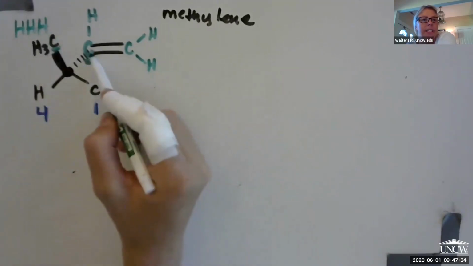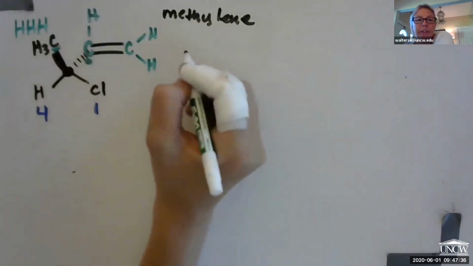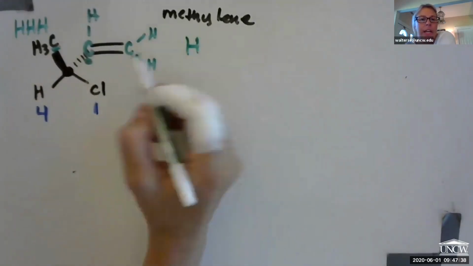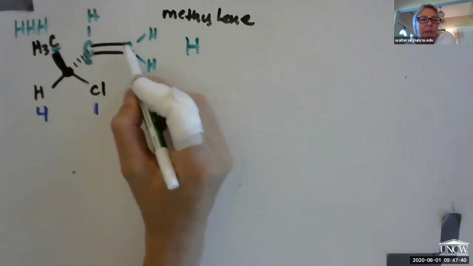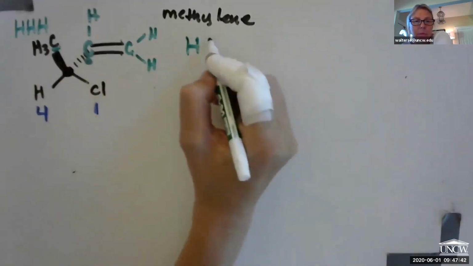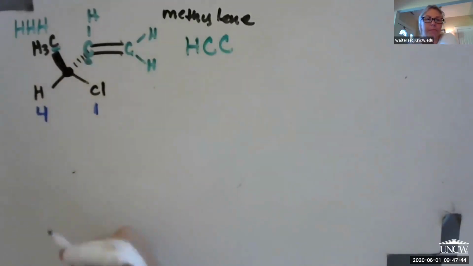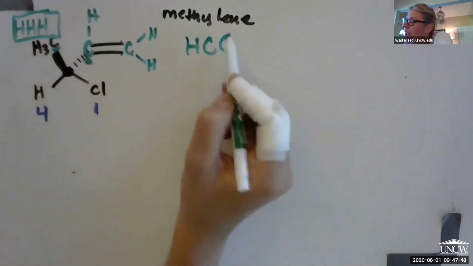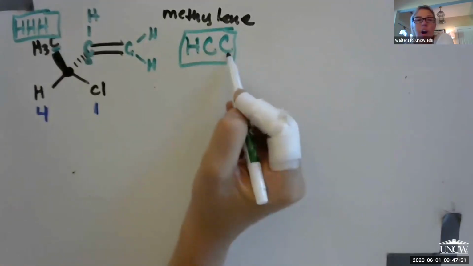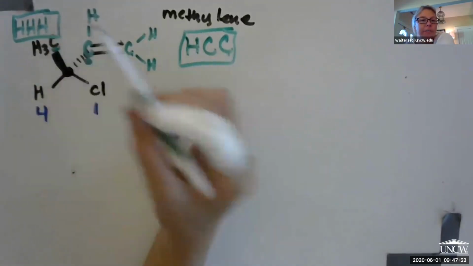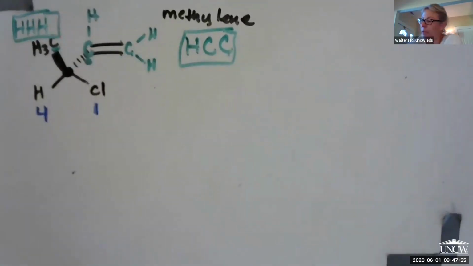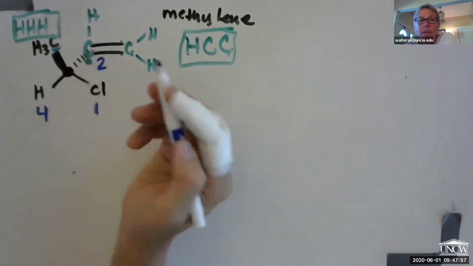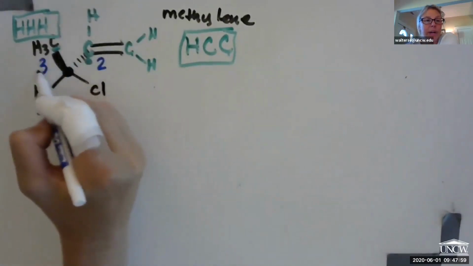This carbon is bonded to 1 hydrogen, and it's bonded to this carbon twice because of the double bond. Carbon beats hydrogen, so this group is 2, this group is 3.